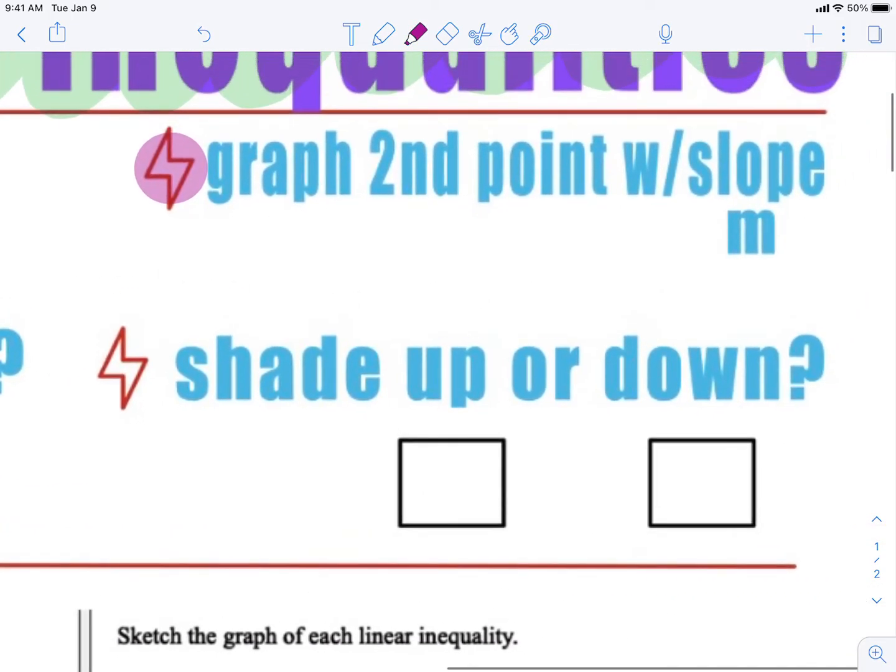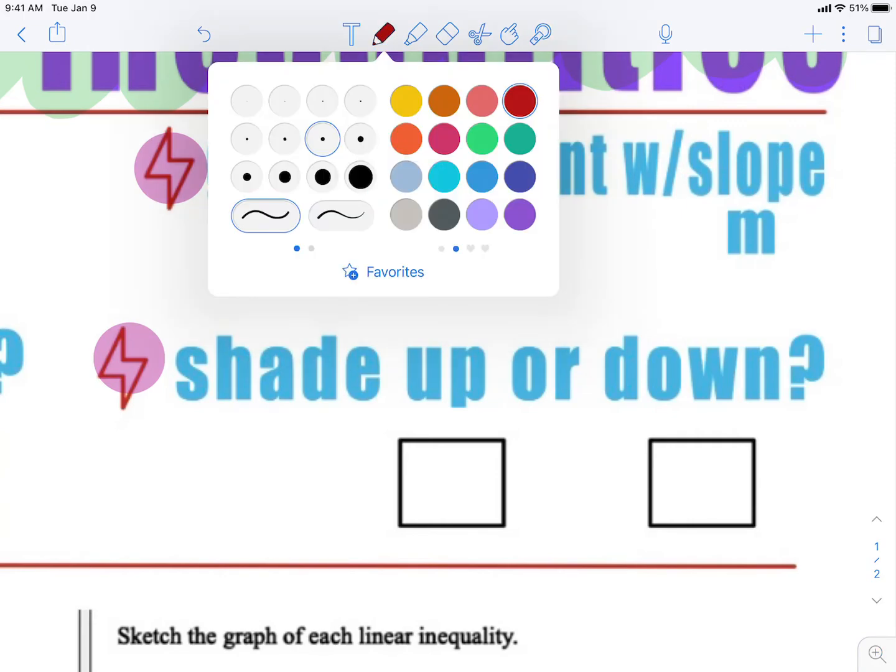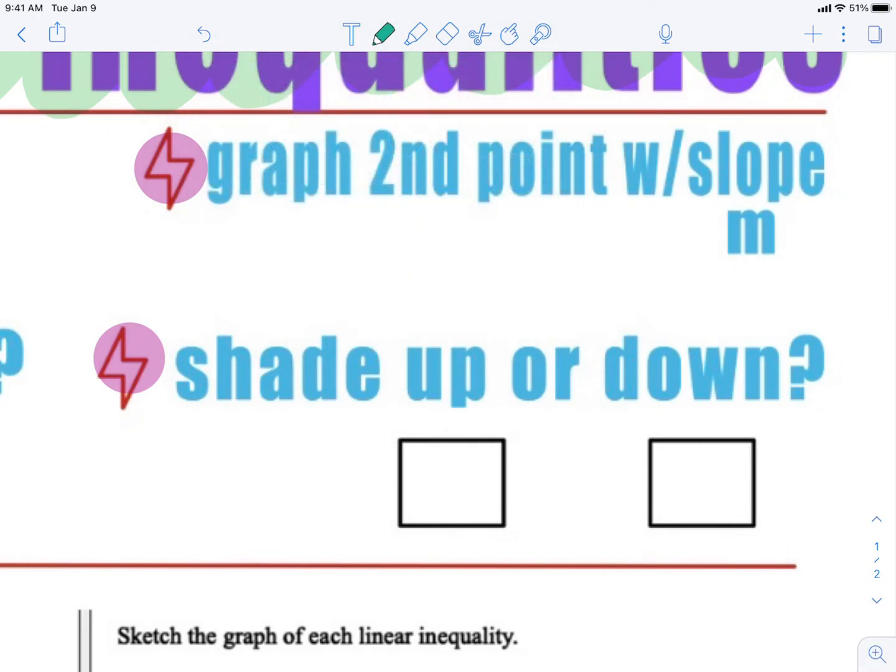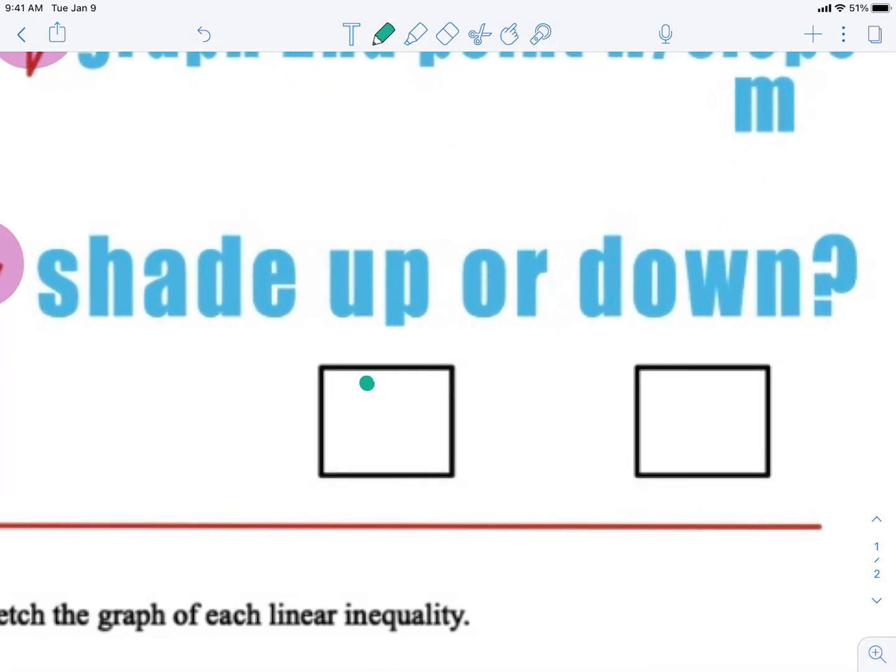Last bullet point here is, are we going to shade up or down? Are we going to shade up or are we going to shade down? Well, this one is also fairly easy to remember. If this is greater than, then we're going to shade up, because when something is greater, it is up, above. We're going to shade down if it's less than.